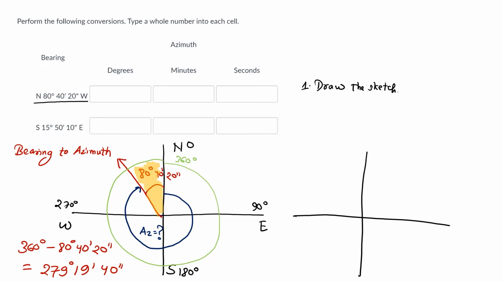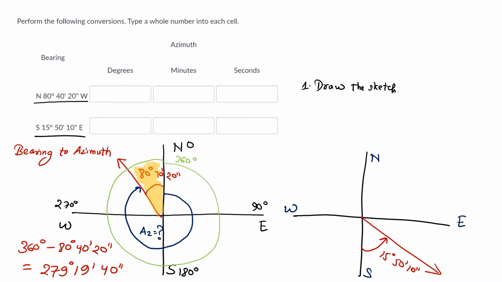So let's try this second one: south 15 degrees, 50 minutes and 10 seconds east. My line would be drawn with north, south, east and west, so this would be my line like this, and my angle would be this angle, 15, 50 and 10.